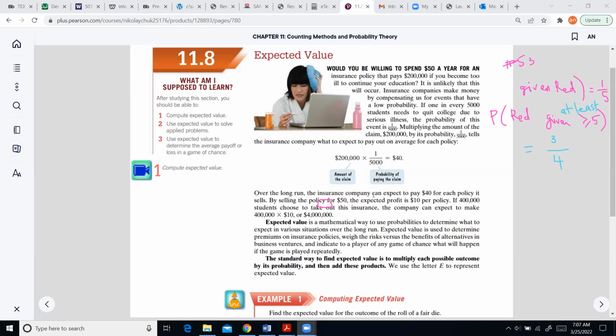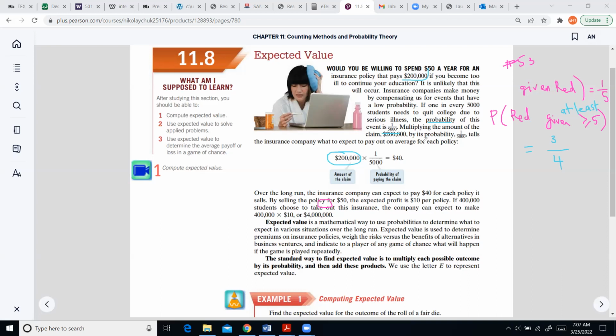So it says that a claim on an insurance policy pays $200,000 if you become very ill to continue education. So 200,000 is what you can get. But the chance for that to happen is 1 out of 5,000 of those claims. So what do you expect to actually get on average on each of these claims?